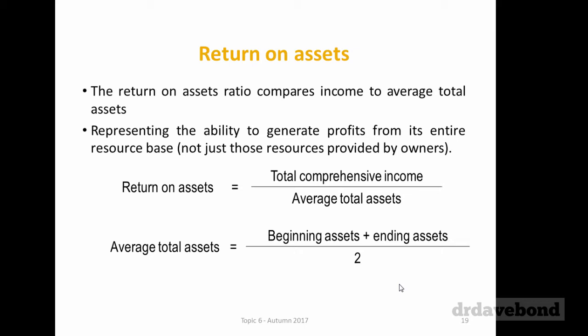Just to make this a little easier, I'm not going to add it to the assets and equity, but obviously that would happen. If we work out the return on assets, based on the assets that we put in, we made a $100 profit and we put in $1,000 worth of assets.